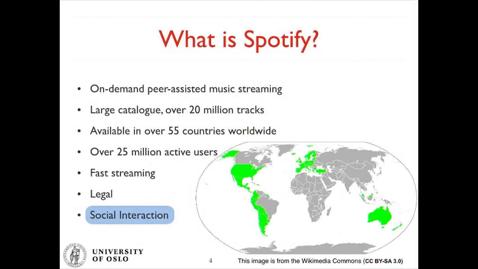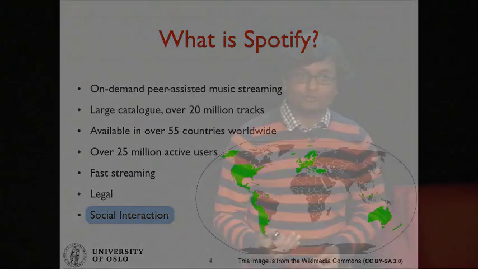It's available in more than 55 countries across the world. And there are more than 25 million active users using it. It's a fast and legal way of listening to music. And last but not the least, the little-known feature of Spotify is it also allows social interaction among its users.